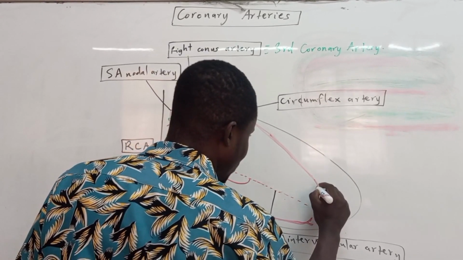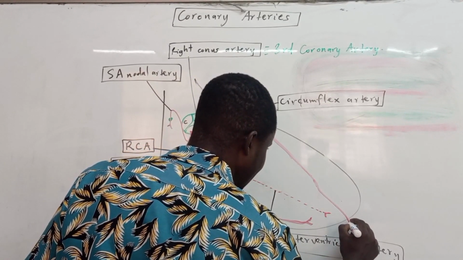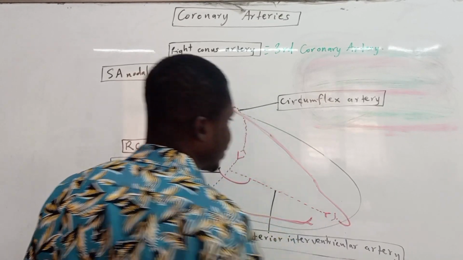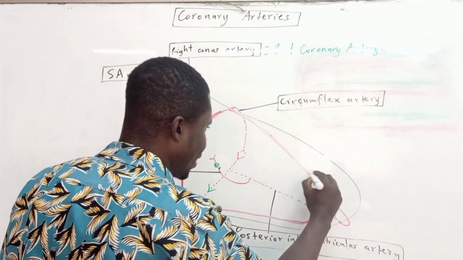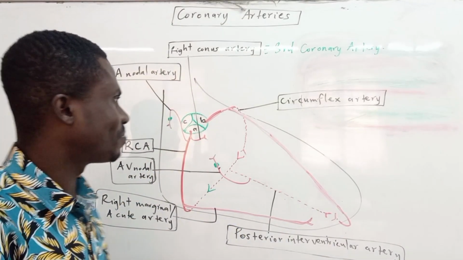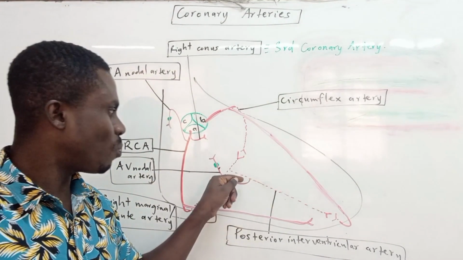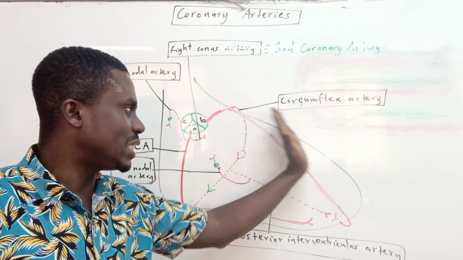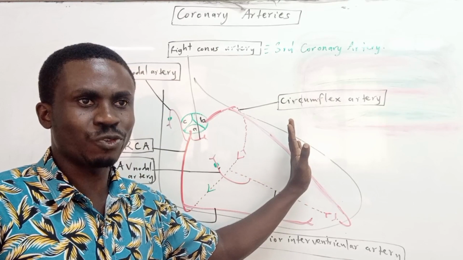This artery, just like we saw the posterior interventricular artery, is running in the anterior interventricular sulcus.